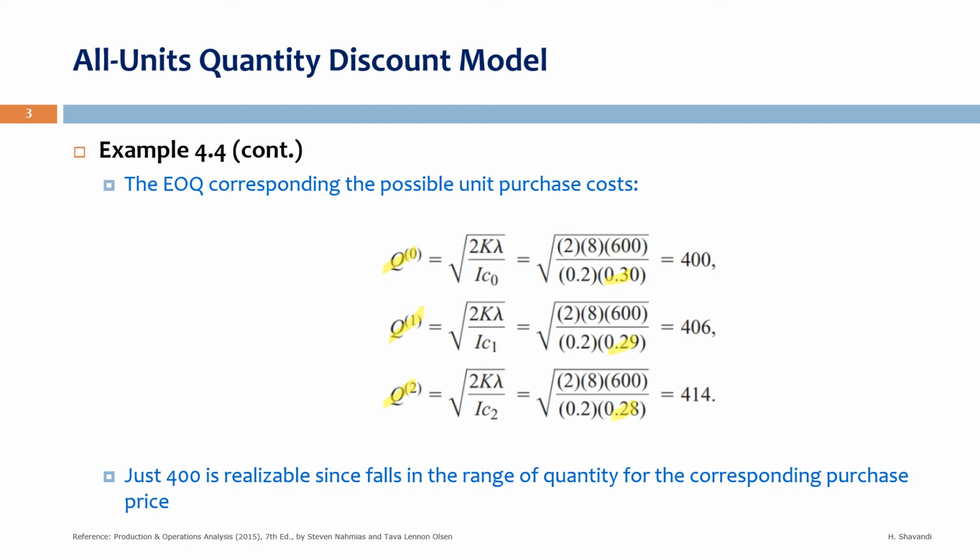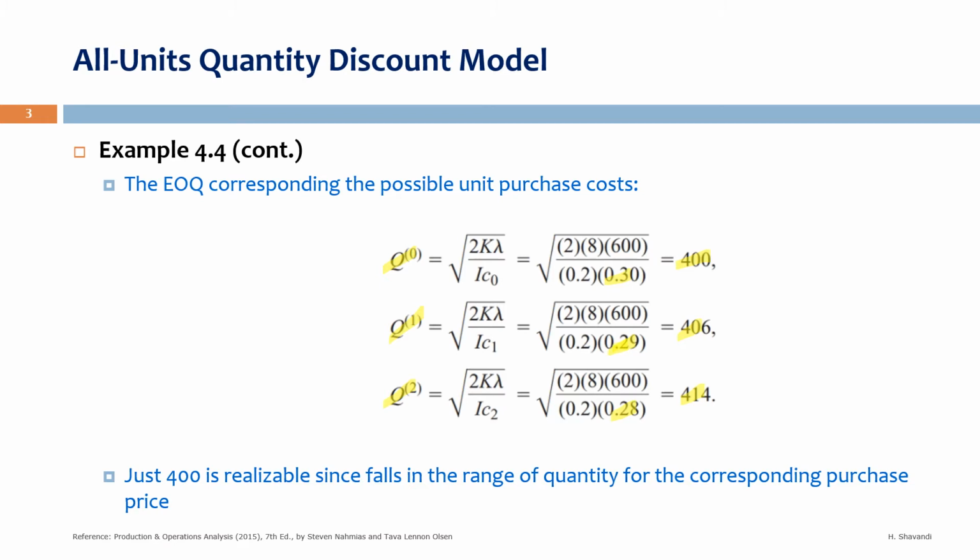So as you see here, with the unit purchase prices of 30 cents, 29 cents, and 28 cents, we have solved the EOQ, and we have the values here. As you see, just the first one, the EOQ for 30 cents, lies in its corresponding interval. But the next two are not feasible, because here we are assuming 29 cents, but the order quantity is 406.